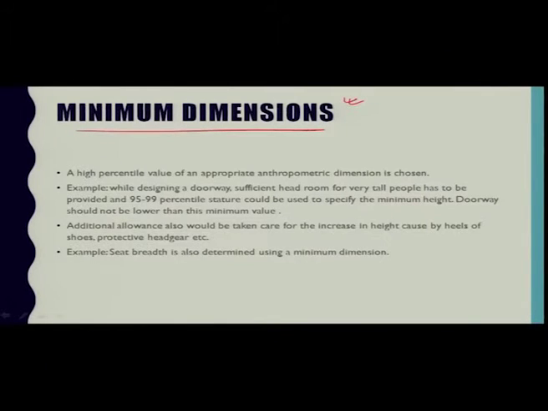So a high percentile value of an appropriate anthropometric dimension is chosen. As an example, while designing a doorway, sufficient headroom for very tall people has to be provided, and 95 to 99 percentile stature could be used to specify the minimum height. Doorway should not be lower than this minimum value.